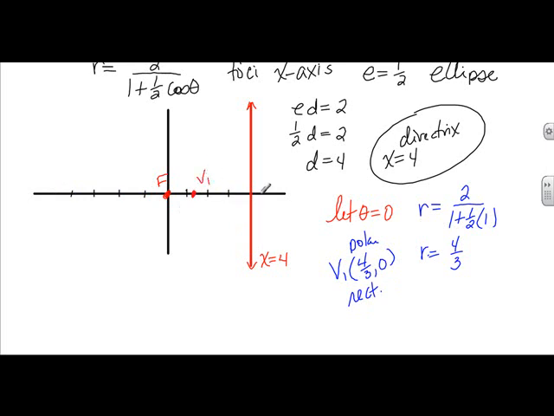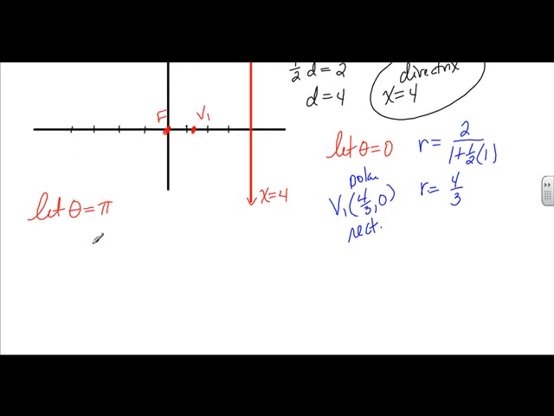Now to find the other vertex, I'm going to let theta equal pi. Solving the equation for r, r then would equal 2 over 1 plus 1/2 times the cosine of pi, which is -1. And we get a value of r that is equal to -4. So the polar form of the second vertex is (-4, pi).